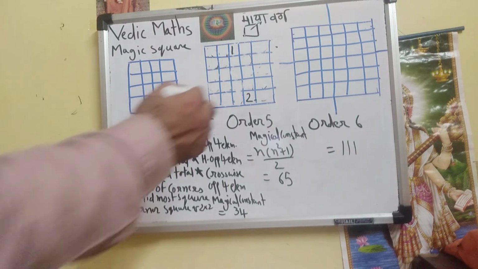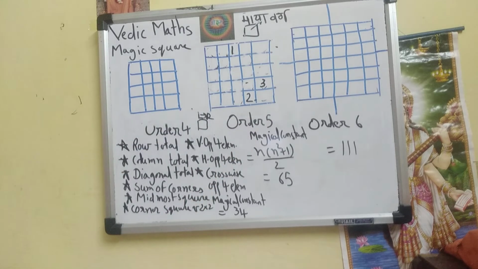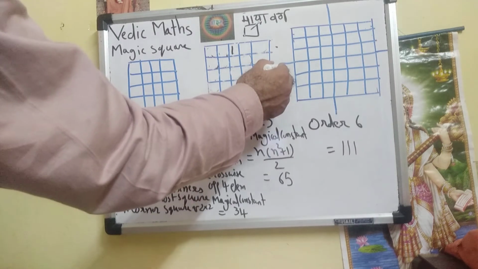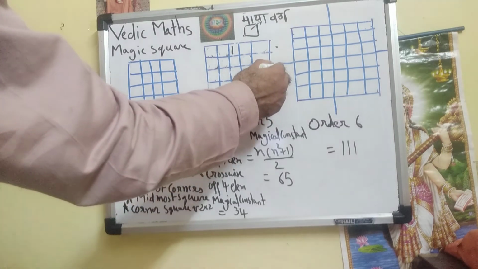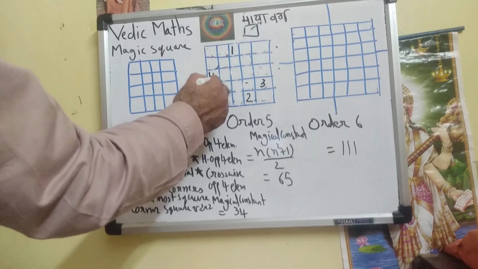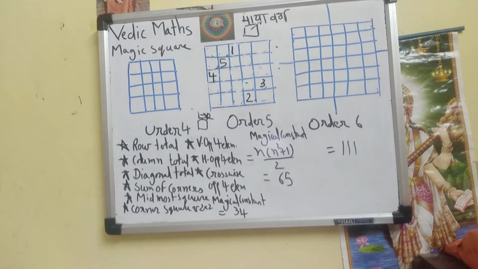2. Again move up then right and fill the next consecutive number 3. Again up right, no cell is there, so come to the last cell, leftmost cell, 4. Again move up right and fill 5 here.